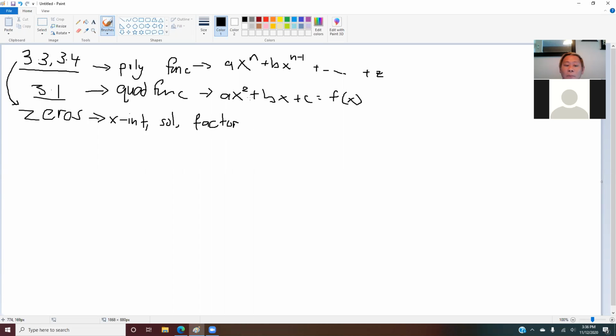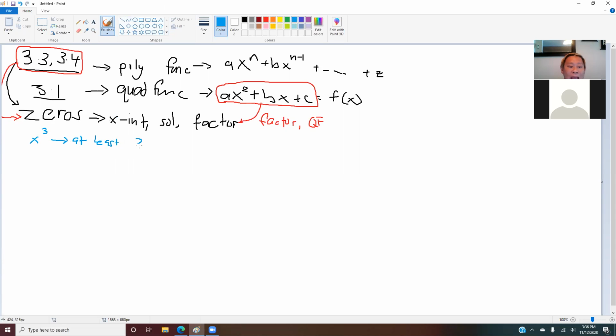Okay. Now, given a quadratic function, it's very easy for us to find the zeros or the factor or solution. Either you can factor it, or you can use the quadratic formula. However, now we are talking about 3.3 and 3.4. If you have a power 3, you will have at least 3 zeros.